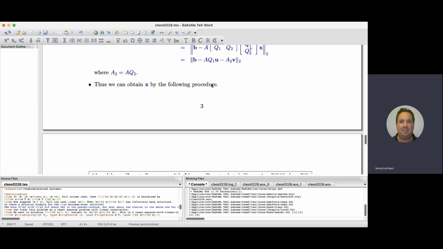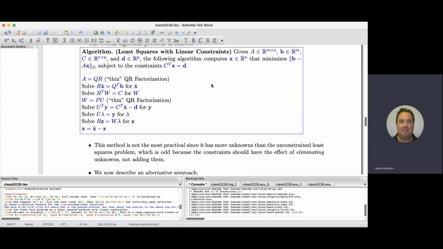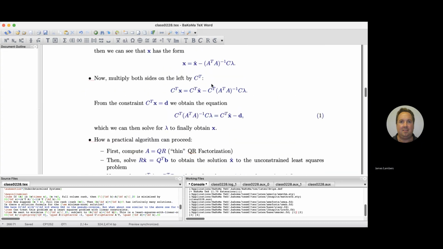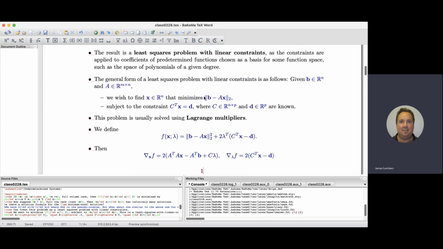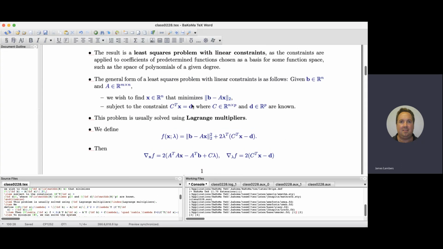All right, so in general, for least squares with linear constraints, we want to minimize b minus Ax and satisfy C transpose x is equal to d. But here, we just want to minimize the 2 norm of x in our problem. So b would be 0, A would be minus identity, and then C transpose would be the A from our underdetermined system. And then d would be equal to b.